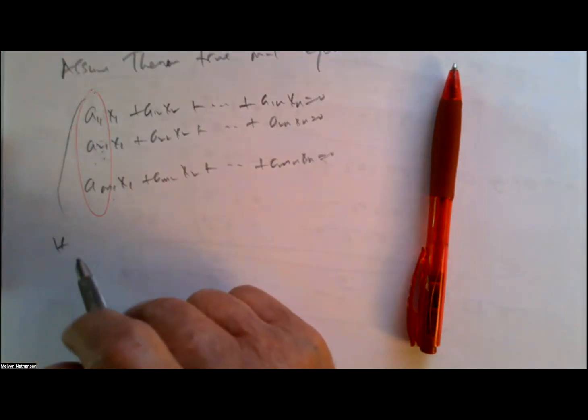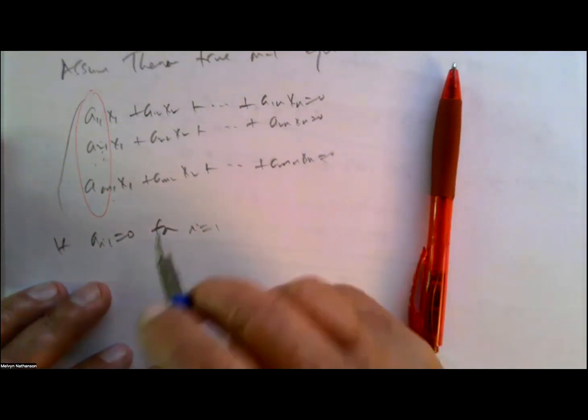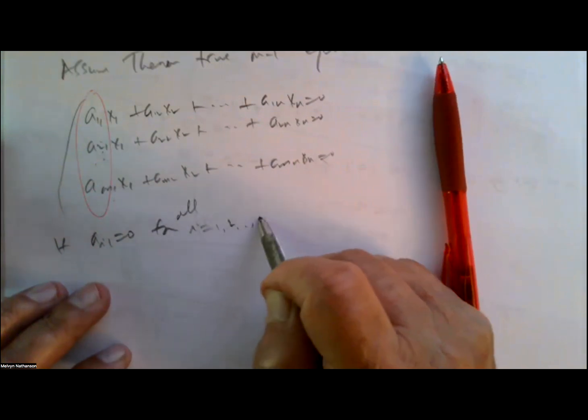Look at the coefficients of x1 in all of those equations. So if ai1 is 0 for all i going from 1 up to m, then we just let x1 equal 1 and xj be equal to 0 for all the variables from 2 up to n.